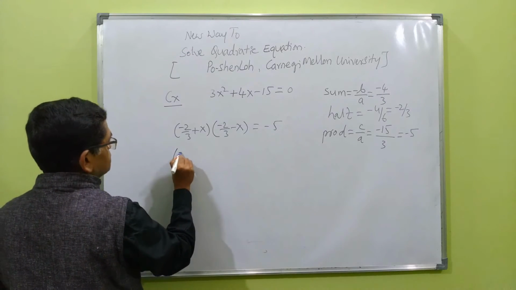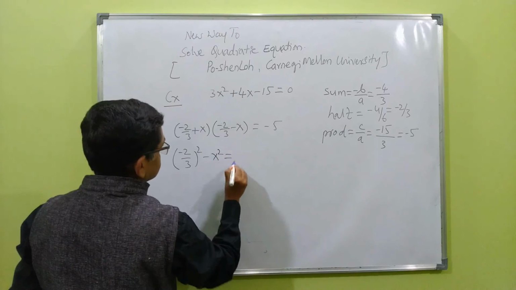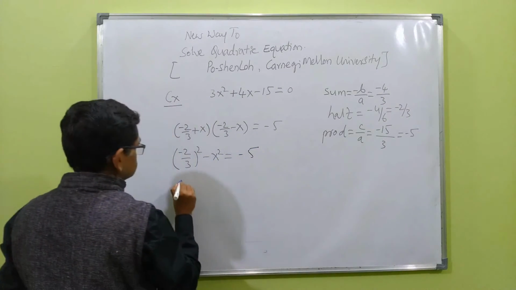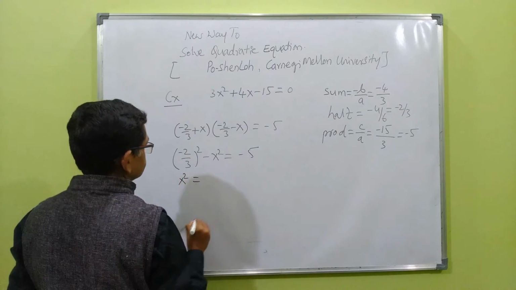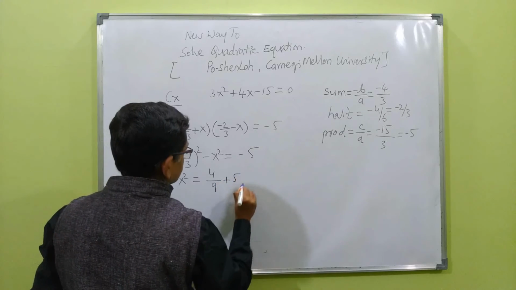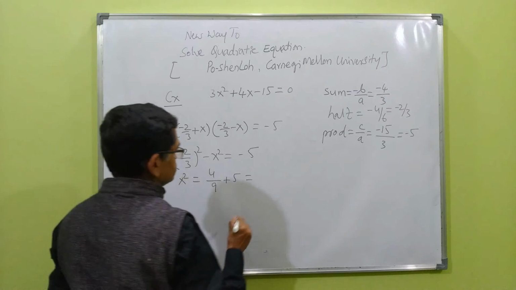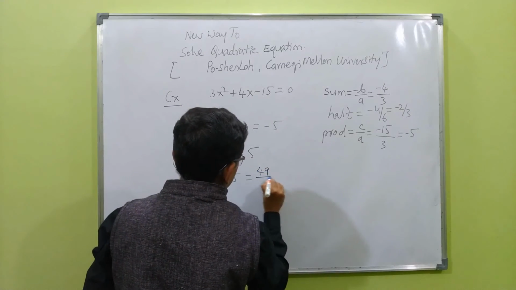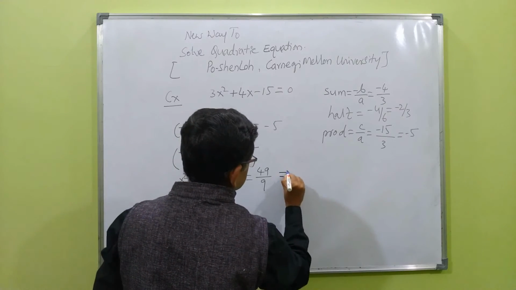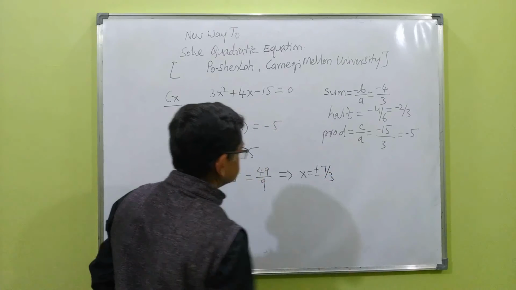So minus 2 by 3 whole squared minus x squared is equal to minus 5. So x squared is equal to 4 by 9 plus 5, or this is 49 by 9. So x is equal to plus or minus 7 by 3.